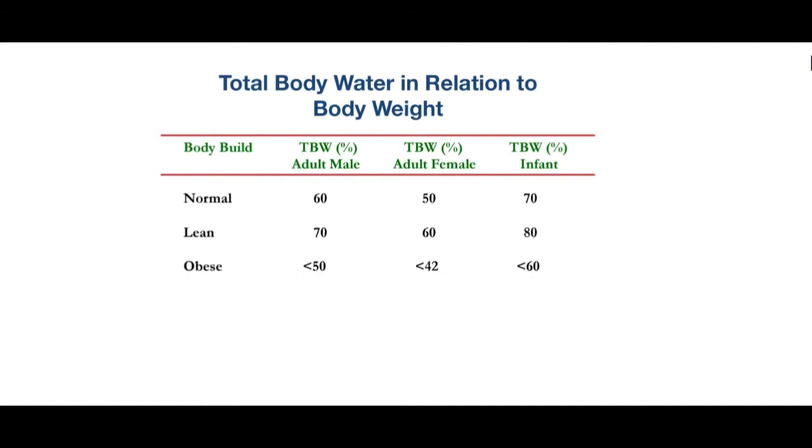The more adipose tissue that's present, the more fat that's present, the less body water there is. So this is looking at percentages of your body, which is what we're going to start calculating. The other part to point out is that age will also decrease it. That's the reason for the example of the infant to the adult. But even young adults, like all of you, versus older adults, you will also see a decrease in your total body water as you age.